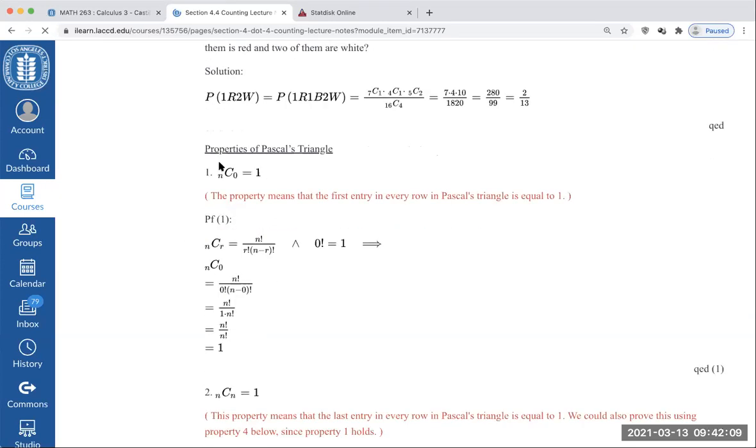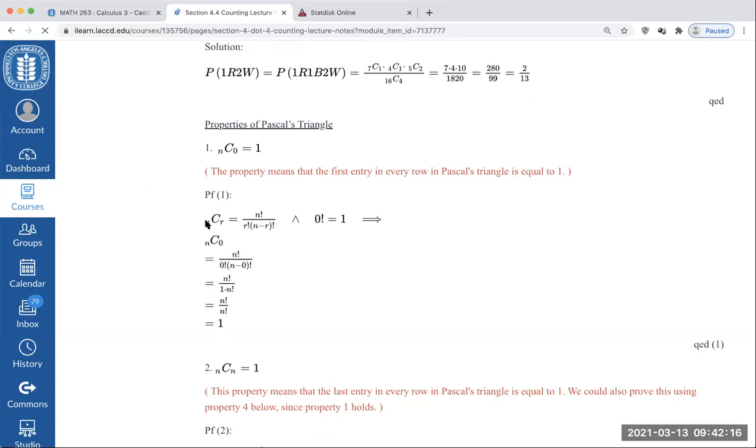So let's show that NC0 is equal to 1. I'm just going to use the factorial definition of NCR. And so I have here that NCR is n factorial over r factorial n minus r factorial. I'm going to replace r here by 0.